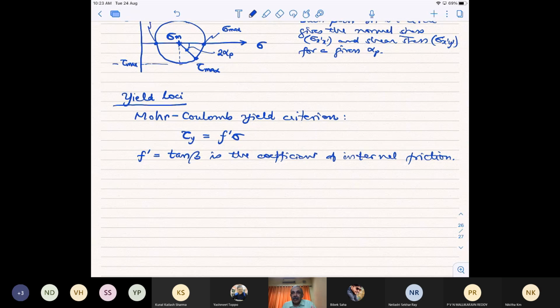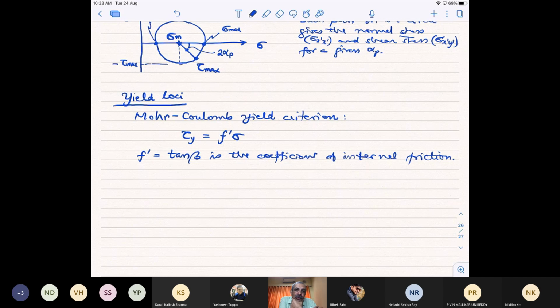We have now generalized that, and we are writing it in terms of stresses, which is force per unit area, because now you have a really complex material inside. And as soon as this condition is satisfied, then your material will yield.